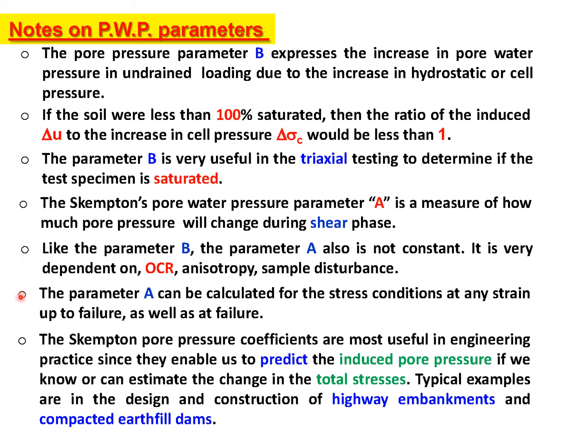The parameter A can be calculated for the stress conditions at any strain up to failure as well as at failure. The Skempton pore pressure coefficients are most useful in engineering practice since they enable us to predict the induced pore pressure if we know or can estimate the change in the total stresses. Typical examples are in the design and construction of highway embankments and compacted earthfill dams.